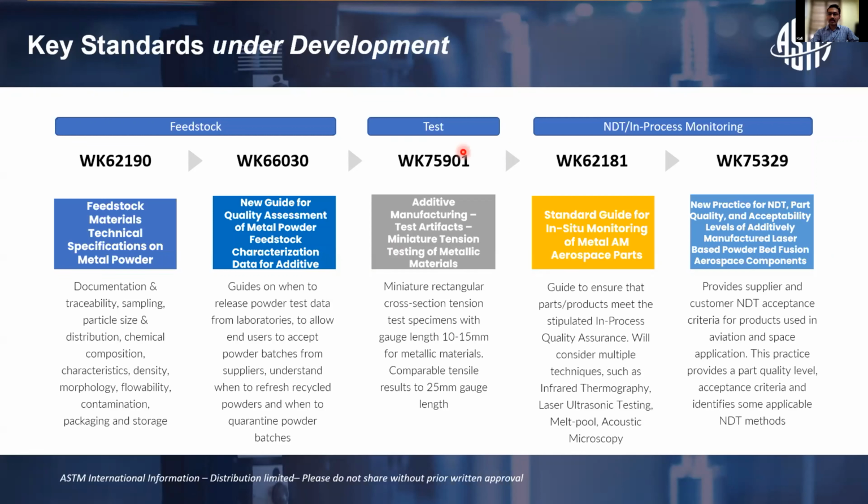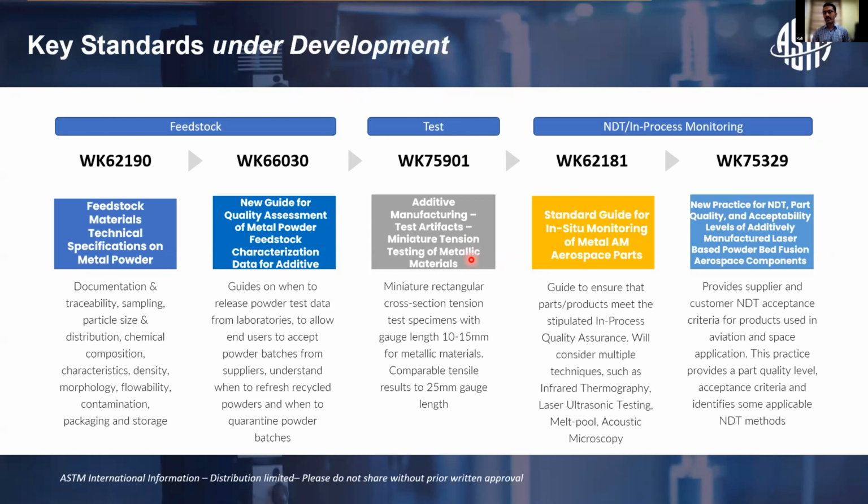Then you have another standard for test, which includes creating miniature test specimens. One of the key challenges when it comes to additive manufacturing is that when we perform different qualification processes, we need to print test coupons. Normally we use ASTM coupons for performing tensile tests.